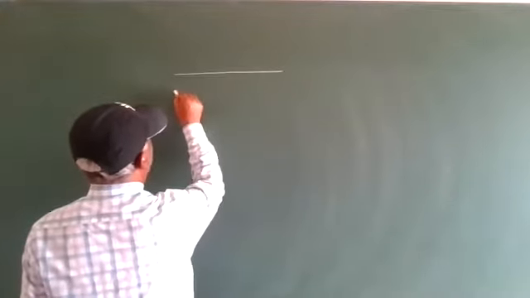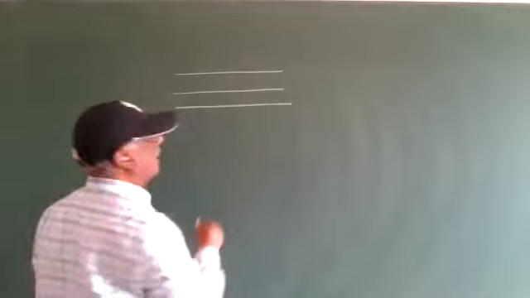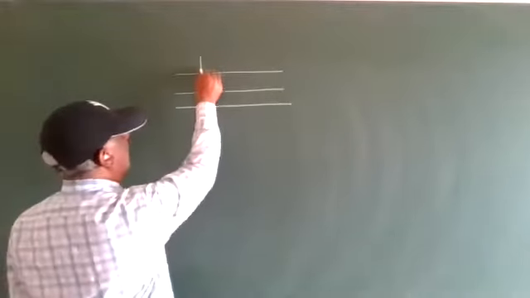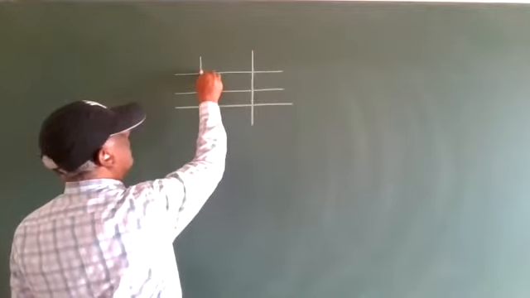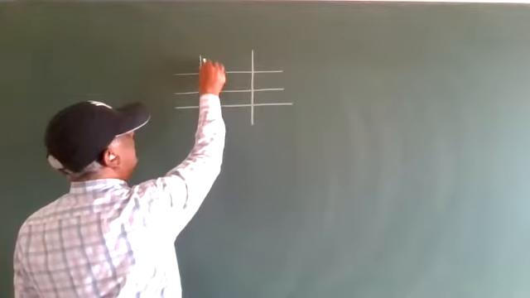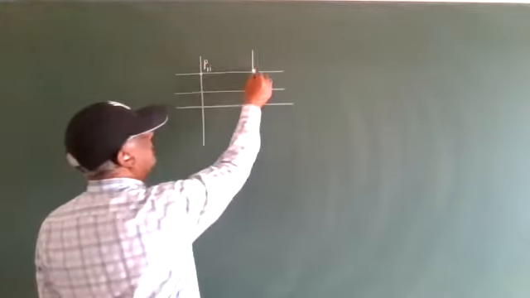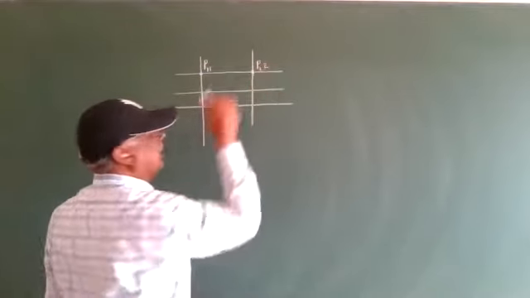See the horizontal lines. I will take 3 horizontal lines: 1, 2, 3. I will draw 2 vertical lines. So this is the 1 vertical line and 1 vertical line. This is the common point. This is the first line, first common point. This is the first line, second common point.